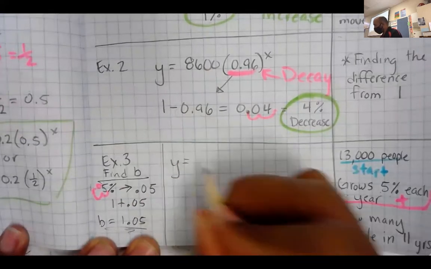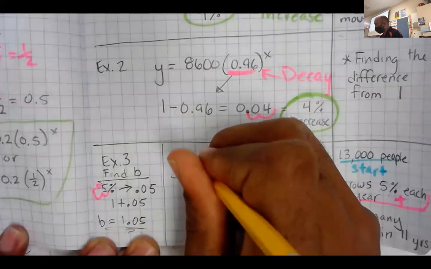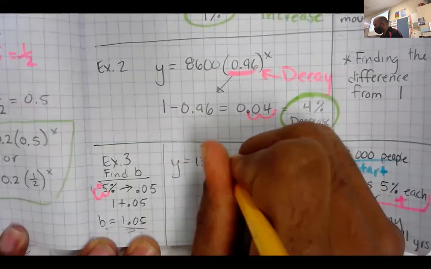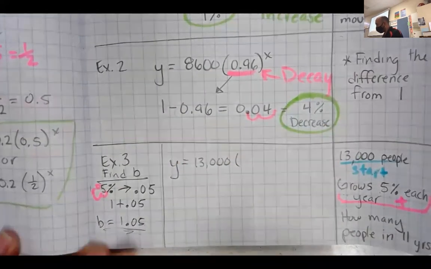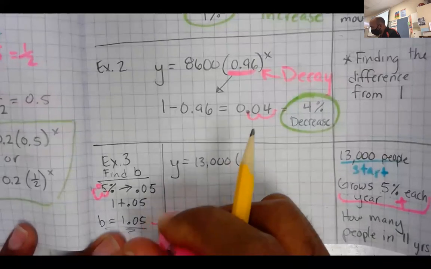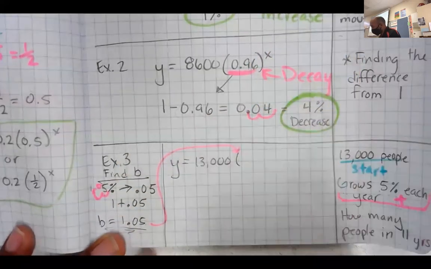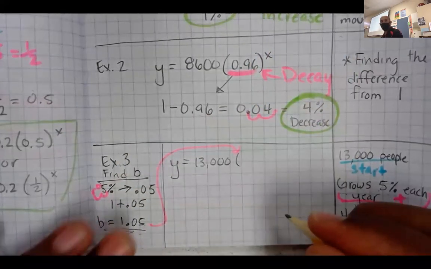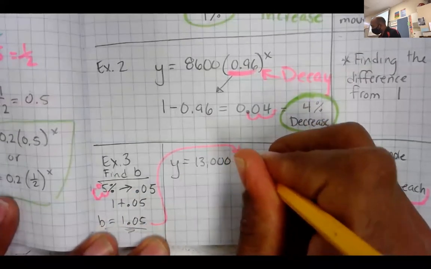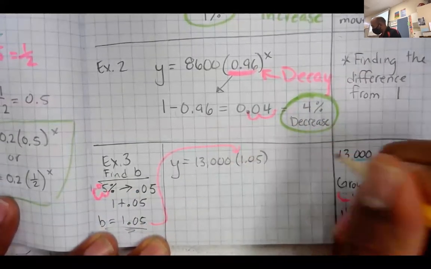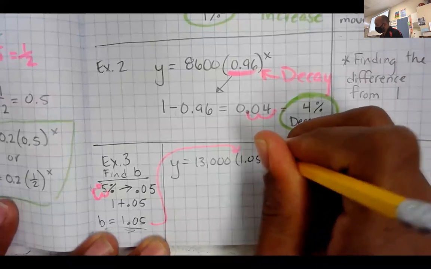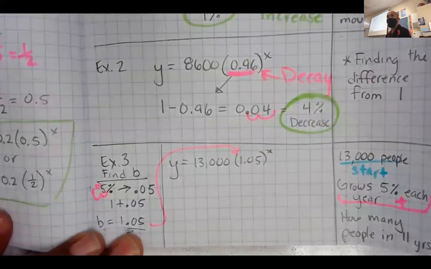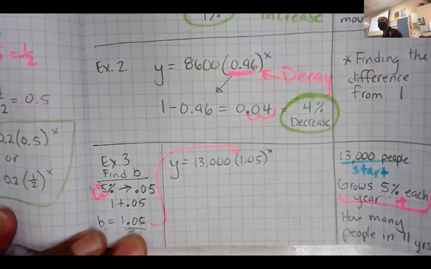So now we already know that the start is 13,000. Our B now, which I'm going to take this number now and plug it in, that's 1.05 raised to the x. So there's our equation.